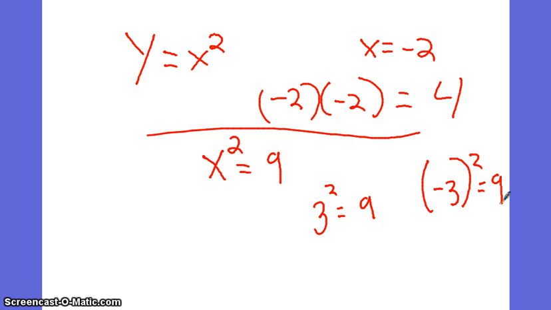So we have to distinguish between square root and radical, which indicates the principal square root, which is a positive square root of a positive real number. So the square roots of 9 are 3 and negative 3. Okay? But the principal square root is going to be the positive number.